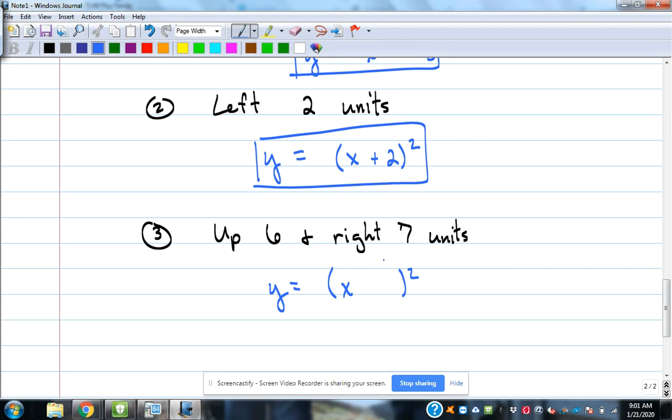Say minus 7 because we're moving to the right this time, and then on the outside the up 6 would be plus 6. X minus 7 on the inside, and then plus 6 on the outside moves it to the right 7 units and up 6 units.